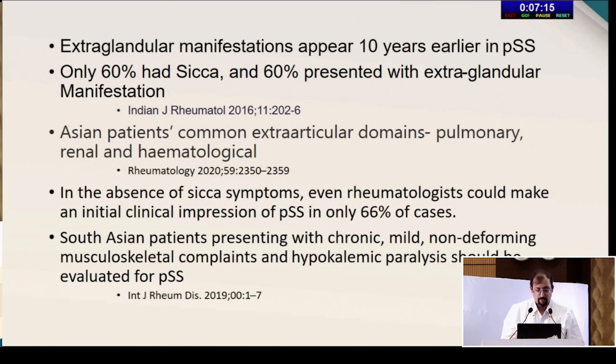In Asian patients, the most common extraglandular domains are pulmonary, renal, and hematological. And in absence of sicca symptoms, even rheumatologists could make an initial clinical impression of primary Sjogren's in only 66% of cases. Again, in another study, South Asian patients presented with chronic, mild, non-deforming musculoskeletal complaints and hypokalemic periodic paralysis, and these patients should be suspected for primary Sjogren's.